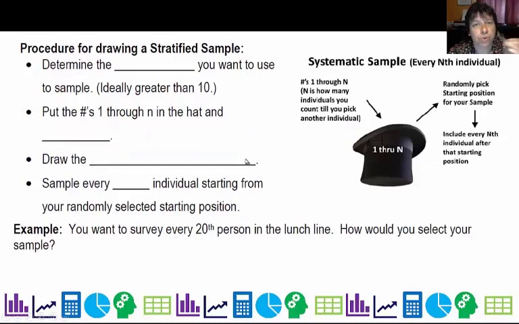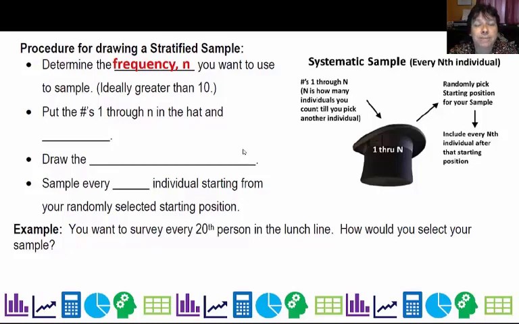So first of all, you do get to pick the frequency, or how many you skip, the frequency that you want to use to sample. Ideally greater than 10, and I'll tell you why in a future lesson. Here I use 10, and that's okay. Now you're going to put the numbers 1 through n.